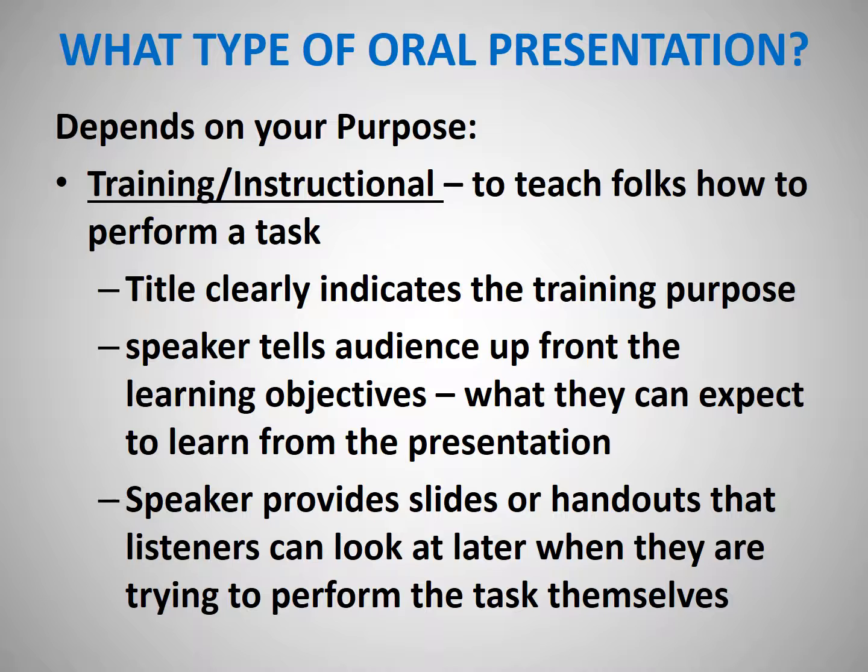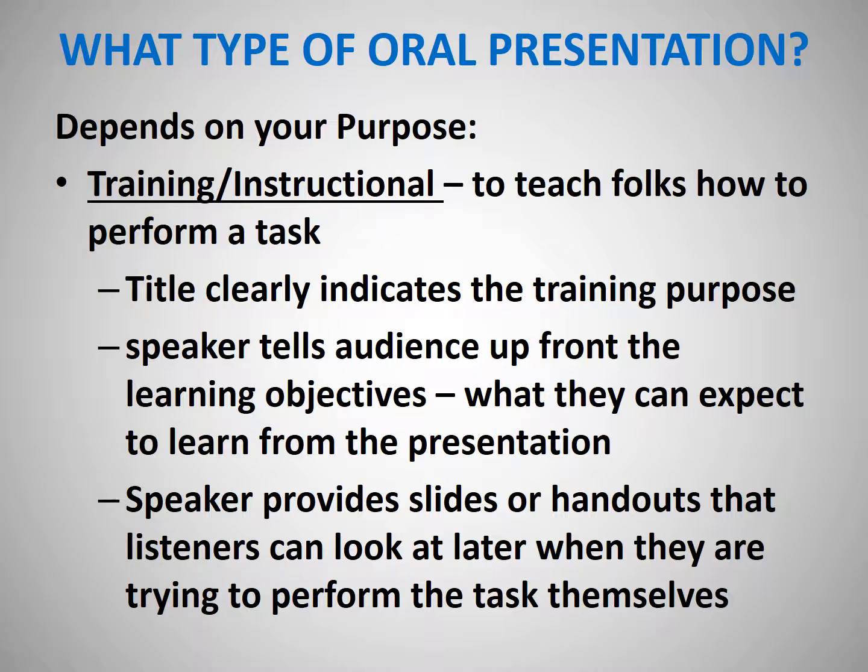In other words, when we are finished here, me being the speaker, when we are finished here, you will be able to do X. This is what you can expect to learn from this presentation I'm about to give you. All right? So you're really clear about the expectations of learning, or what we call learning objectives.